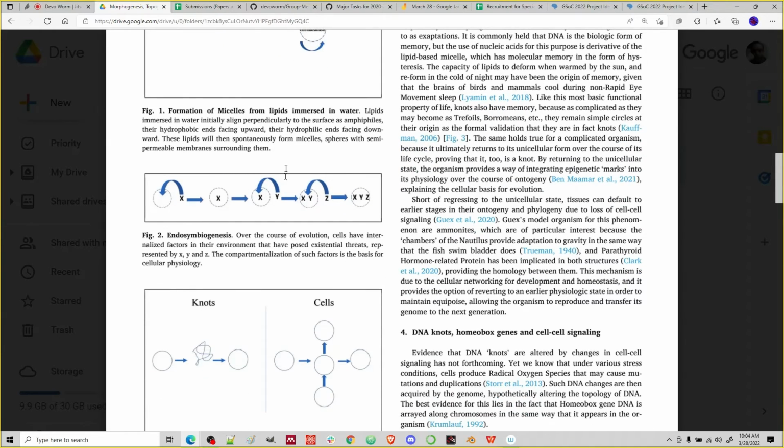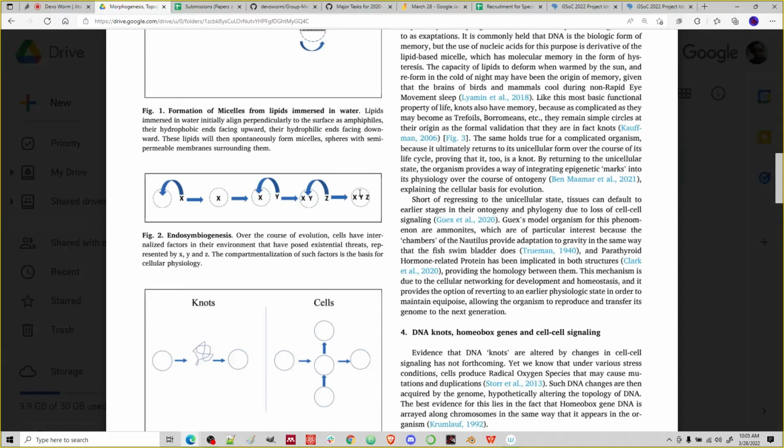Then it gives an example of endosymbiogenesis, which is where, over the course of evolution, cells have internalized factors in their environment that pose existential threats. So these are X, Y, and Z, and these factors become compartmentalized over time. You get this compartmentalization over evolution, where things become incorporated into the organism.